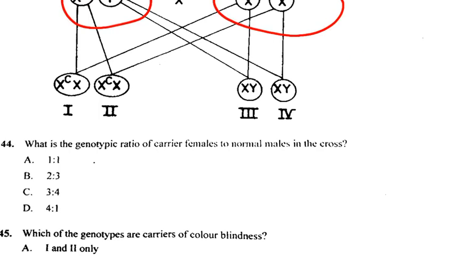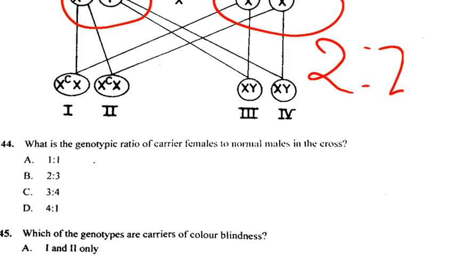How many males are in this particular cross? How many females are in the particular cross? There are two females and there are 2 males.